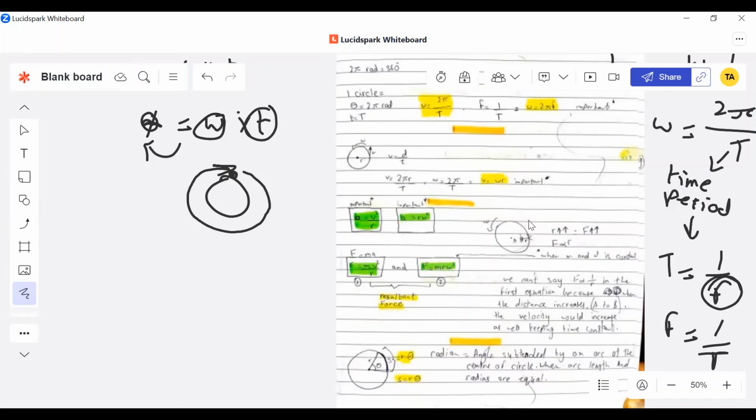Now, coming to this, velocity is, I know, distance over time.